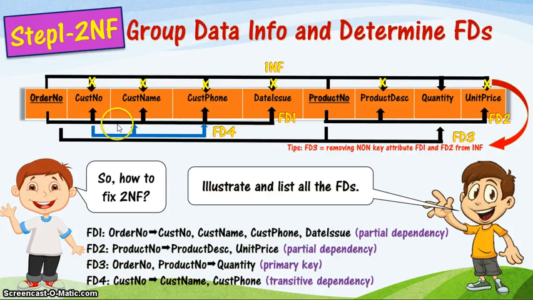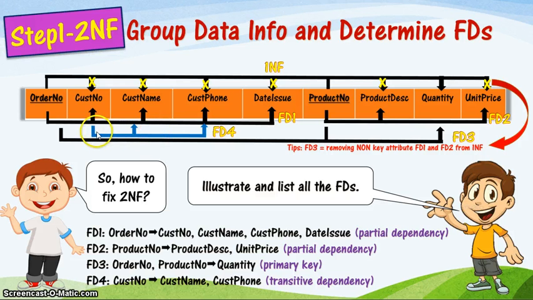Then if you look here, it seems like actually we can group a new info. It's about customer, specifically about customer. So you can set customer number to determine customer name, and also customer phone. This is exactly about customer.